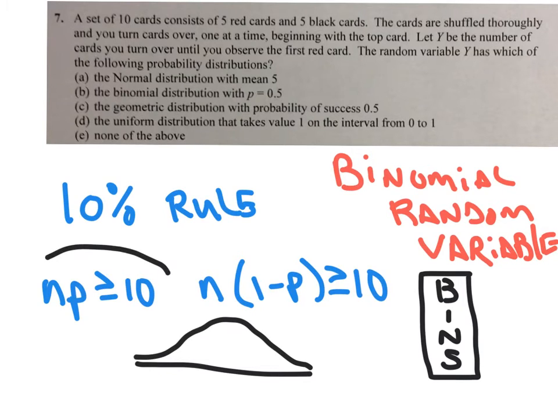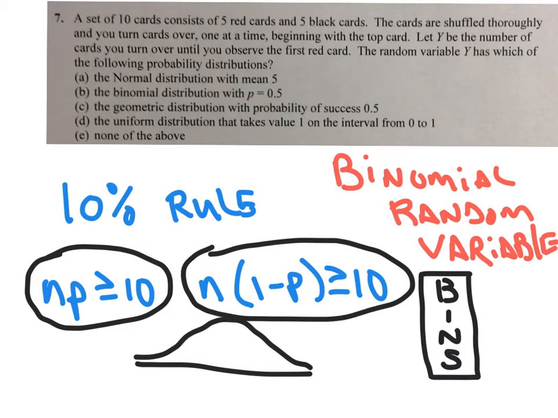Well, yes, as long as these conditions are met: as long as your sample size times the probability is bigger than 10, and the sample size times 1 minus your probability is also bigger than 10, then you can do a normal approximation. In other words, when you do a bigger problem like that, you have to establish these things first before you can continue the problem. Now don't forget about your BINS.